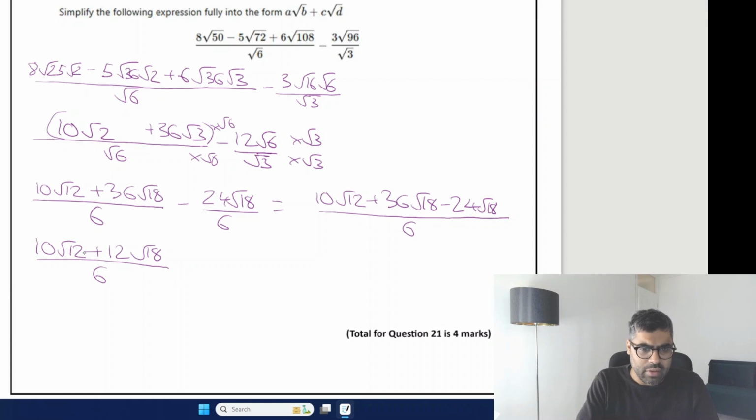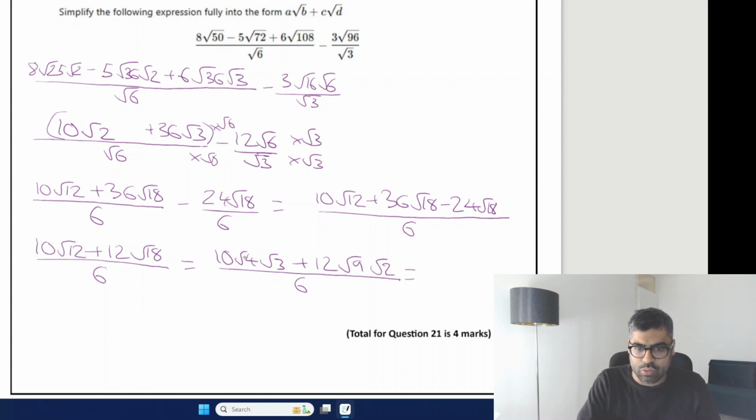Well, we know that root 12 is root 4, root 3. We know that root 18 is root 9, sorry, root 9, root 2, all over 6. That simplifies further.